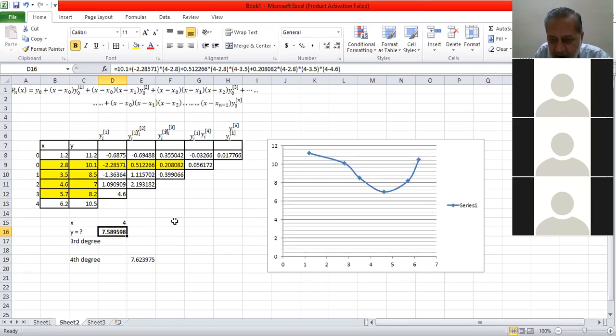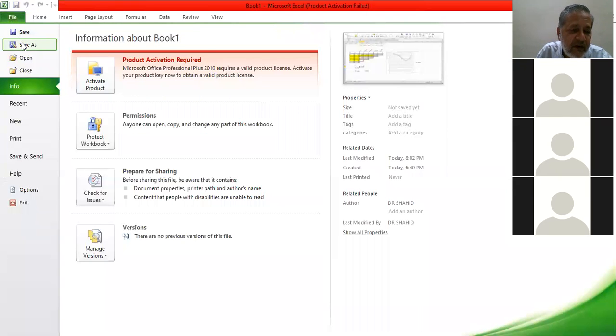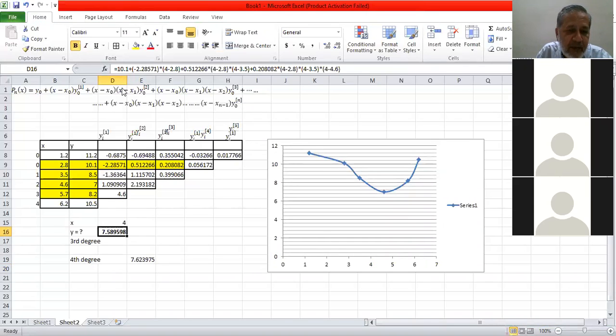With that, let me conclude today's discussion. Save this Excel file so that I can share it with you people.